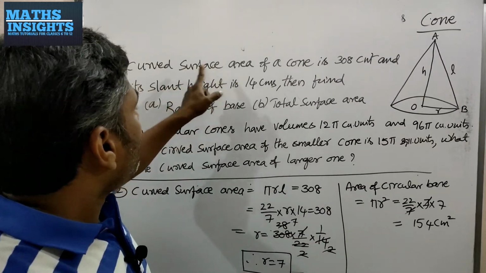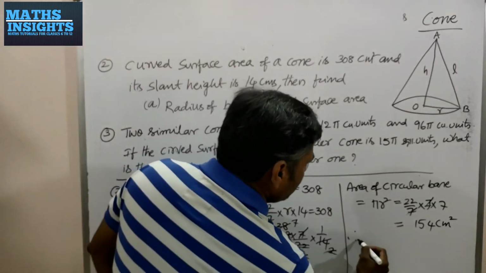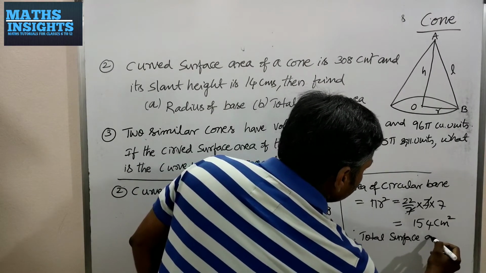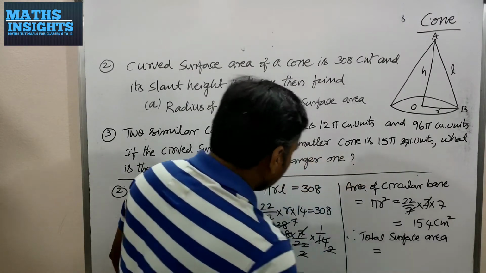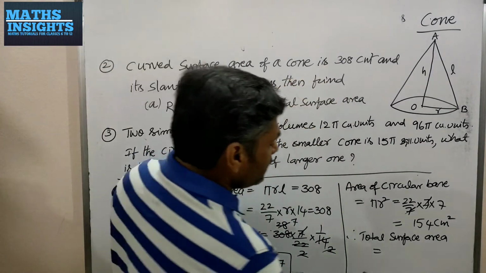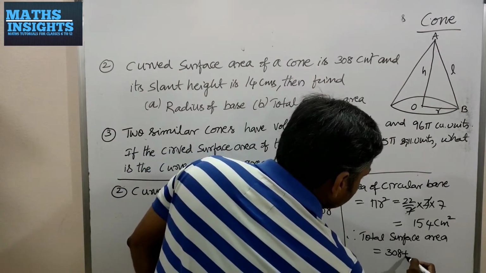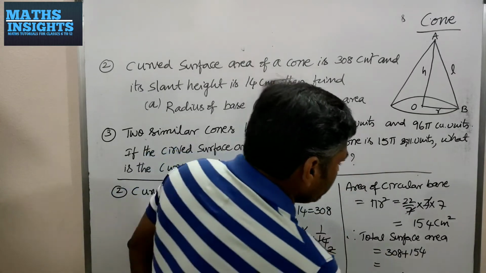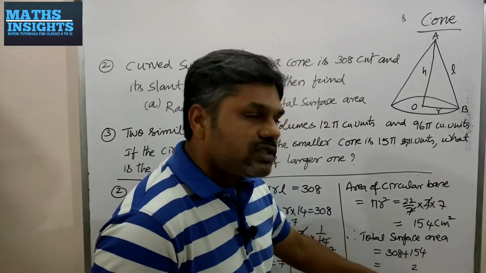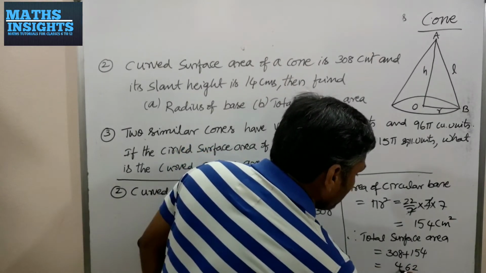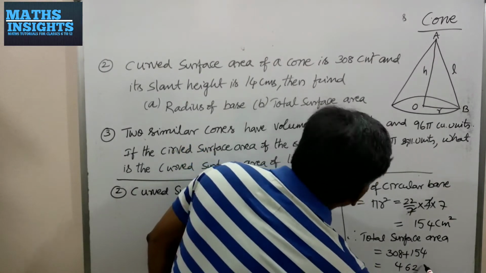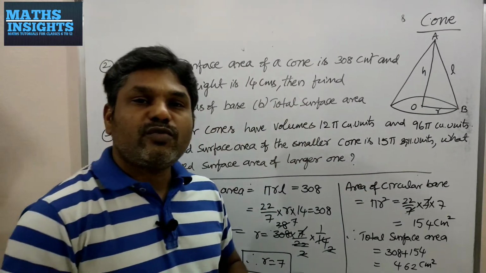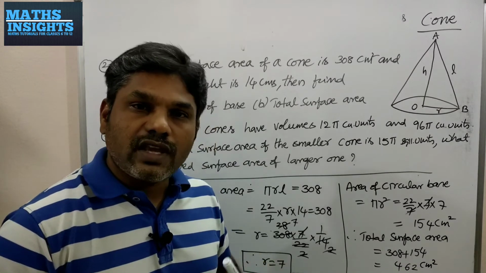Already you have curved surface area, therefore total surface area is equal to curved surface area, that is 308 plus 154, that is 462 centimeter square. So in this way you may calculate total surface area.